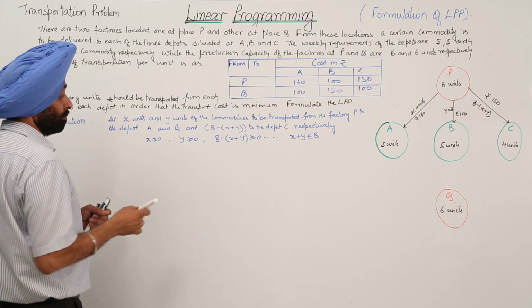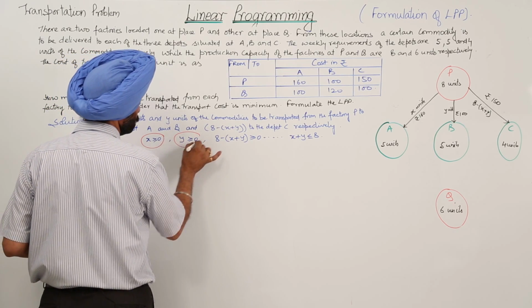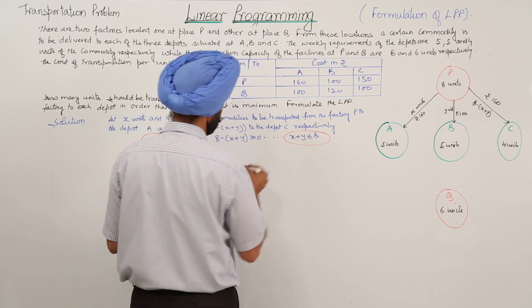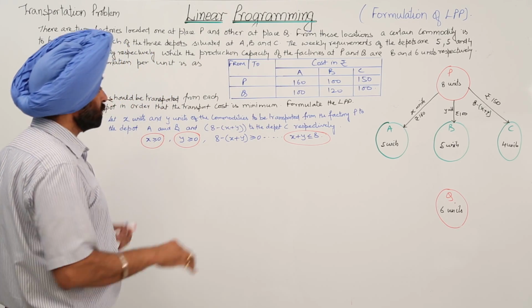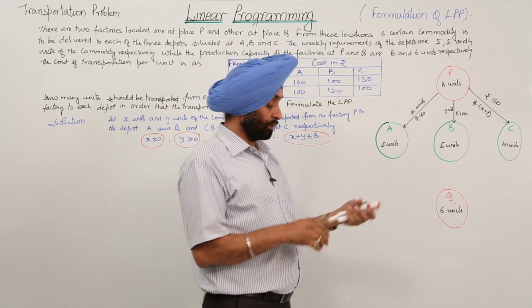So we have 3 constraints here. Is it clear? These were from P to A, B and C.